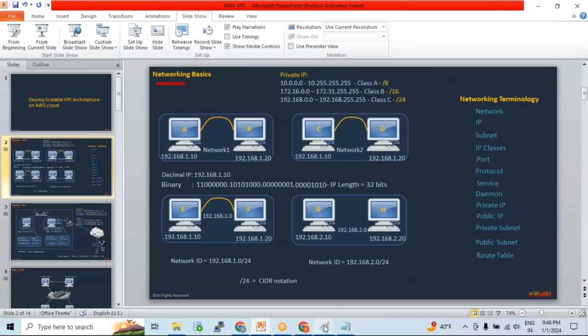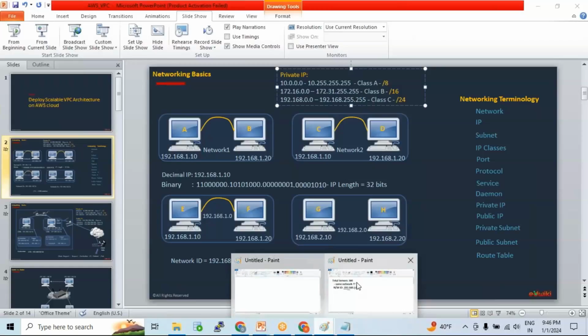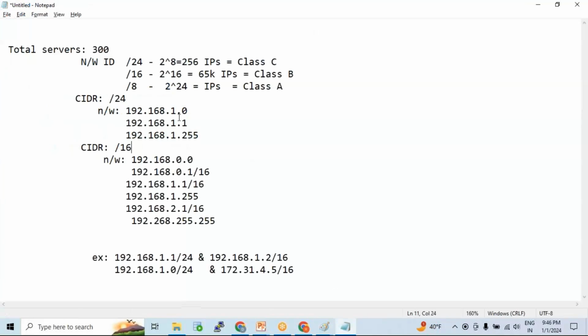Being said that, now my statement is like this. Assume we will be following these IP class rules. Then whenever you have some number of servers that you wanted to configure in your data center in your same network, the very first thing that you need to do is think about which IP class that you wanted to use for this use case.